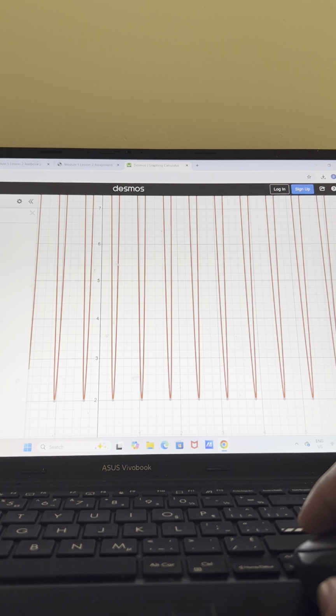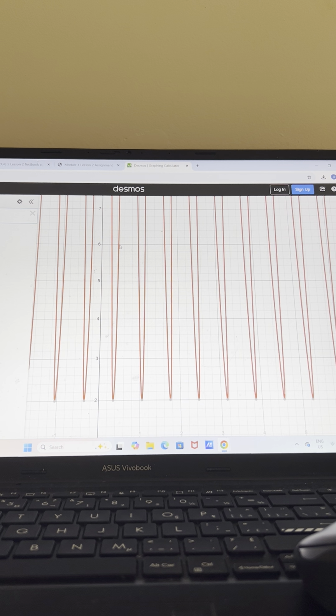We'll grab these values, approximately 0.26 and 0.43, and calculate 0.43 minus 0.26.